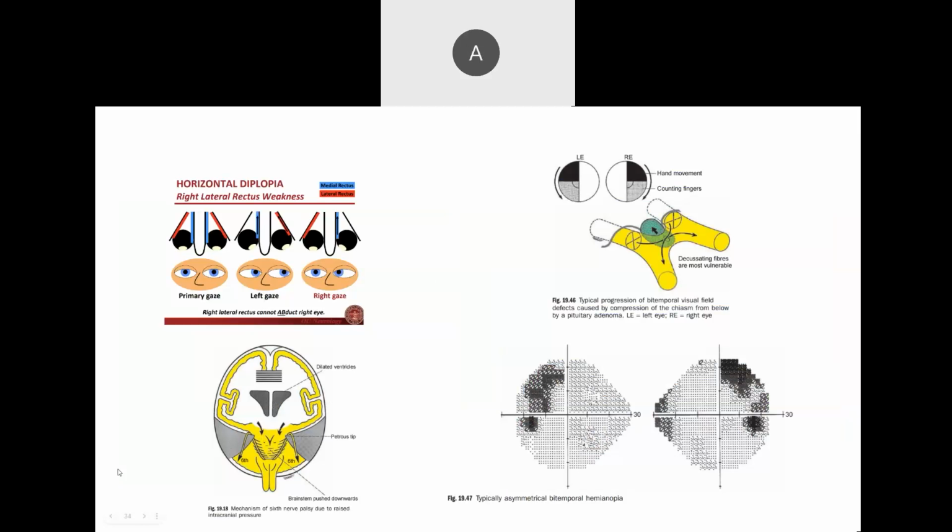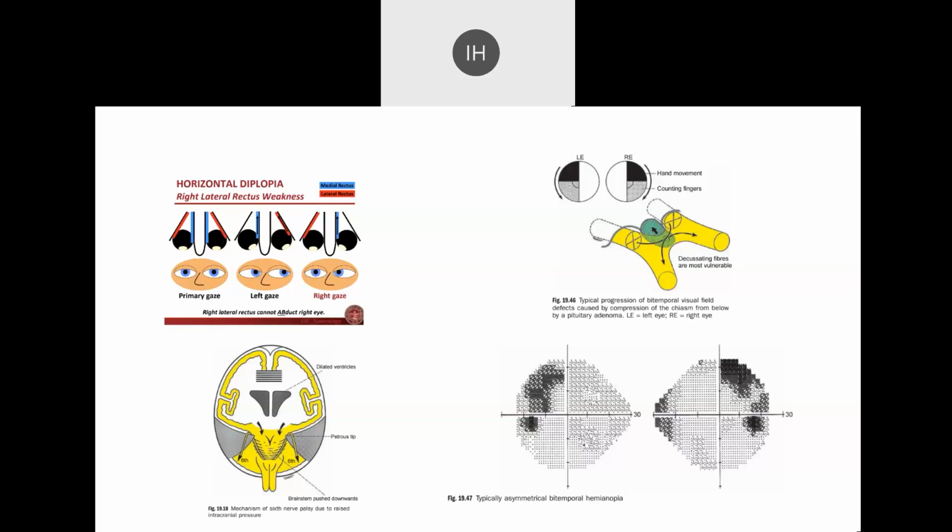Okay, I just want to ask, any idea why there's horizontal diplopia? In this current slide, the left side picture, with the eyes and the brain. Horizontal diplopia occurs when there is lateral rectus muscle weakness. What happens, as in the skull picture below, is that when there is an increase in intracranial pressure, the petrous tip of the skull will move downward.